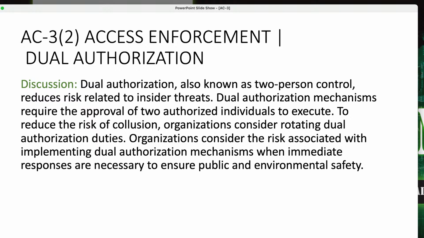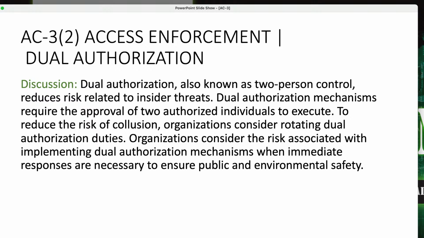The second part of this is to consider the risks associated with implementing dual authorization when an immediate response is necessary, and that's really to ensure public and environmental safety. If we have dual authorization, those two people need to be there to present their password. Maybe it's their multi-factor token, right?